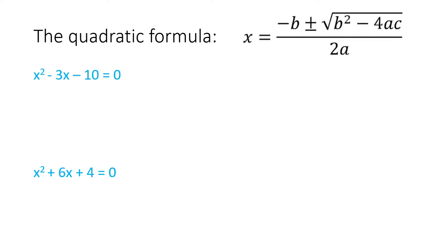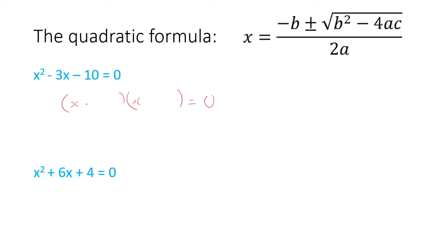So far you might be aware of how to factorize to solve a quadratic equation. So you might be thinking, why do I need to use another method? Well, if we look at this first example, when we factorize, we have the double brackets, make them equal to 0, and think about two numbers which multiply to give minus 10 and add to give minus 3.